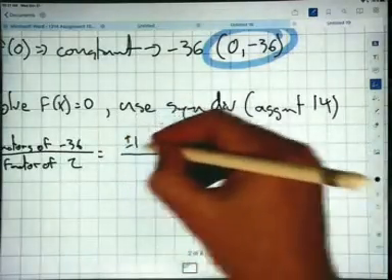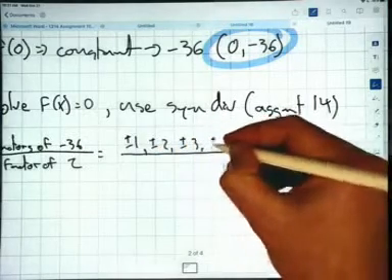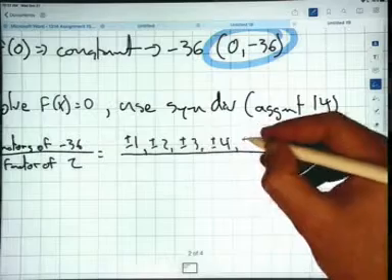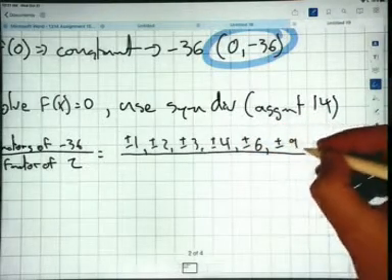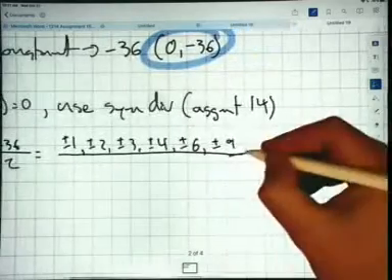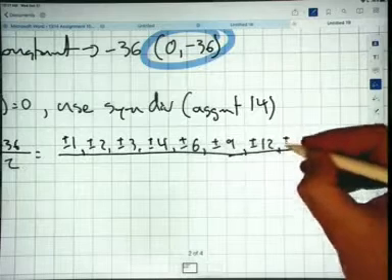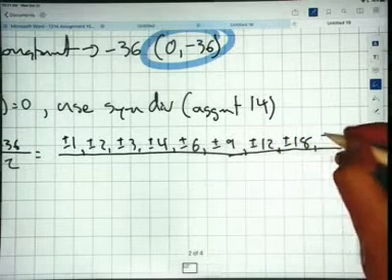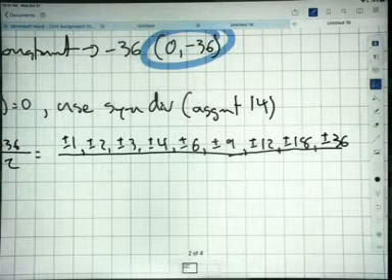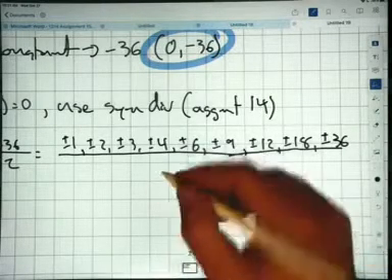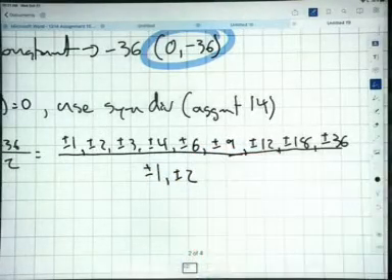Plus or minus 1, 2, 3, 4, 6, 9, 12, 18, 36. Those are all the things that divide evenly into 36. And the factors of 2 are plus or minus 1, plus or minus 2.